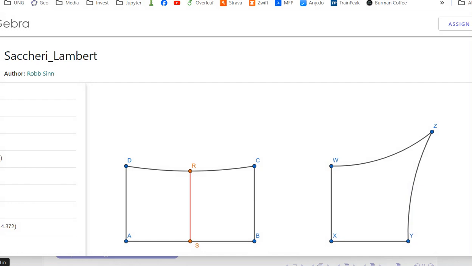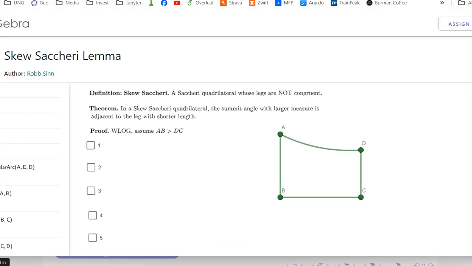To do so, I'm going to start with what I call the Skew Saccheri lemma. I just created this to help me prove theorem 8. What is a Skew Saccheri quadrilateral? A Skew Saccheri quadrilateral is one where the legs have different lengths.